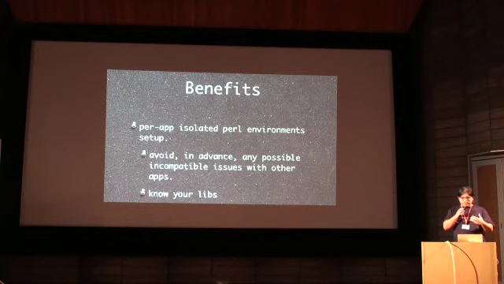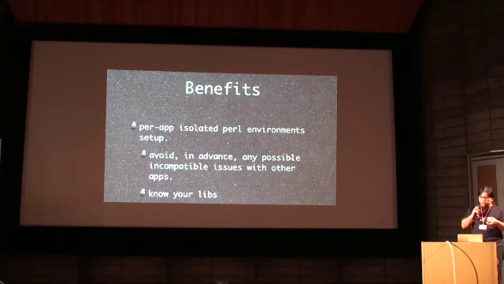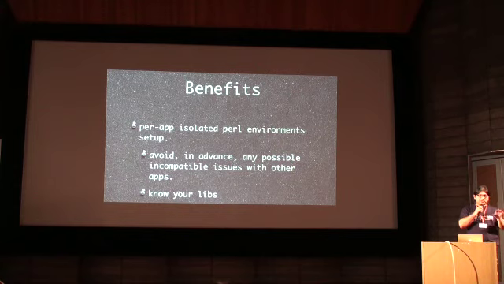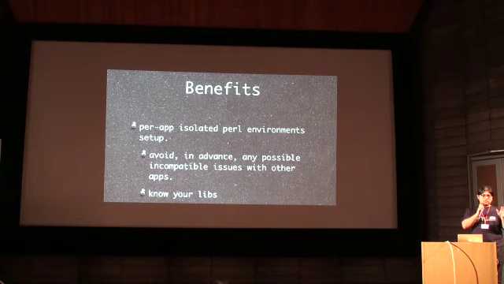So you can have a per-app isolated Perl environment with local lib. For each application that you develop on the same machine, you can have their dependencies installed into different local lib containers. Now this can avoid any possible conflict, like deep version conflicts between your apps.